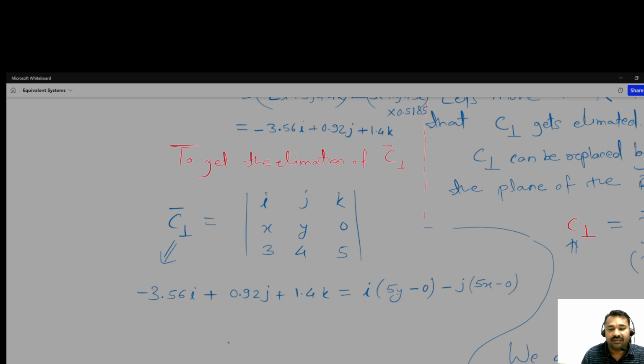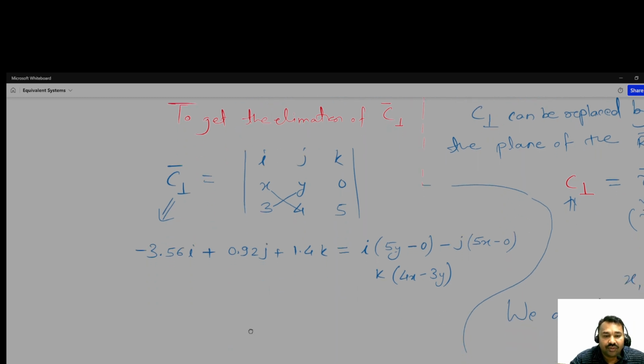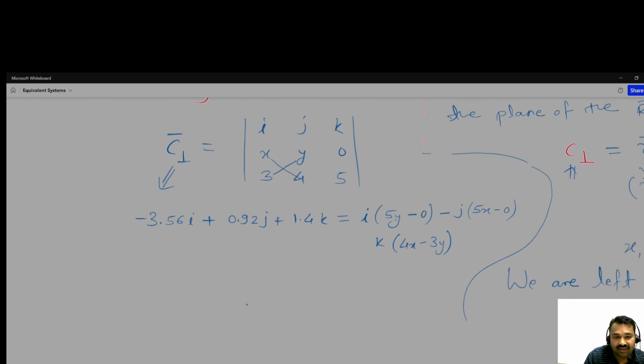Okay, and what about the k? So it is k, and it will be 4x, this is multiplied by this, and 3 is multiplied by 3y, so 3y. Okay, so after this we have to equate this to the components of the right side of the equation. Okay, then we get the answer.